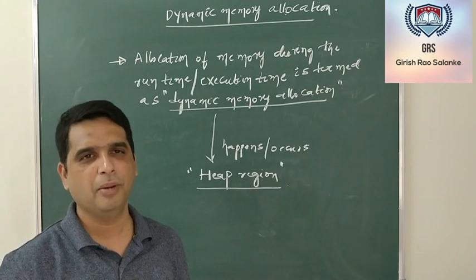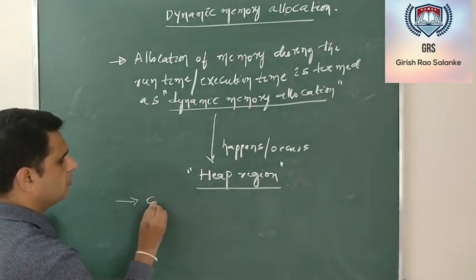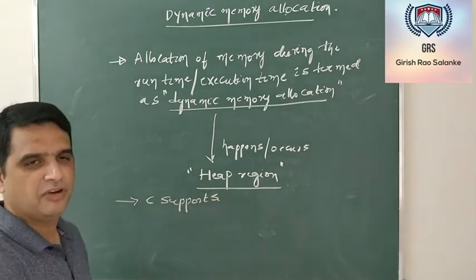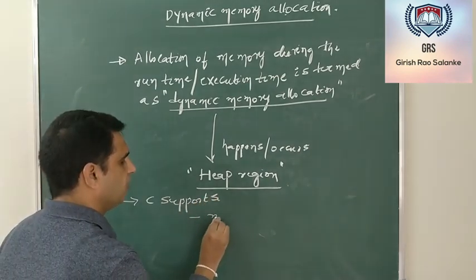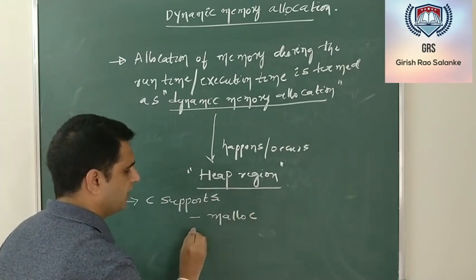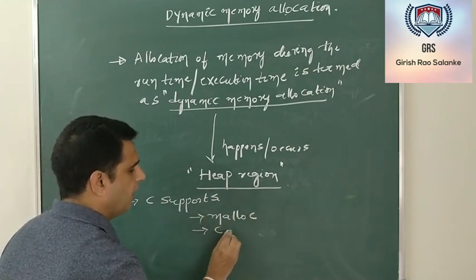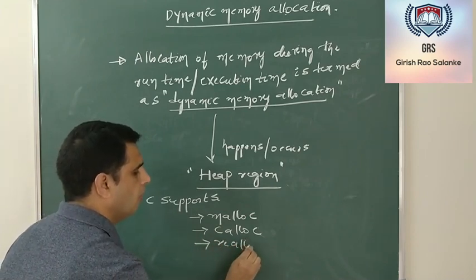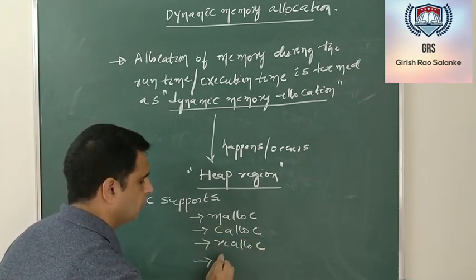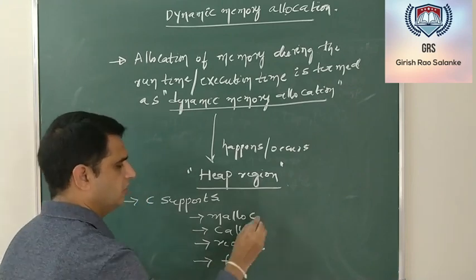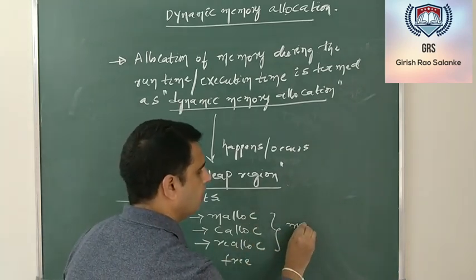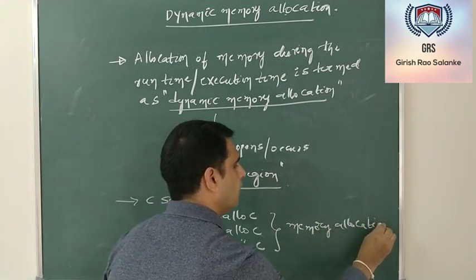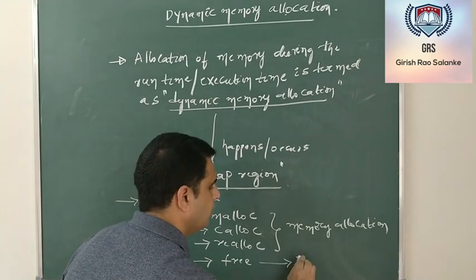To support dynamic memory allocation, C supports some functions. The first function is malloc, the second function is calloc, the third function is realloc, and the fourth function is free. These three functions are for memory allocation, and the last one is to deallocate the memory.